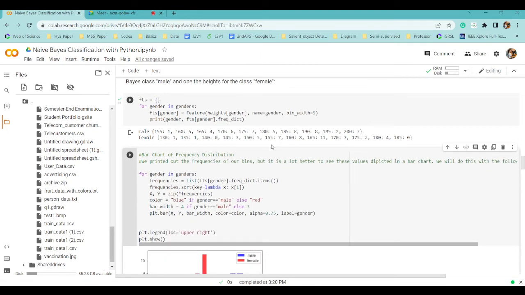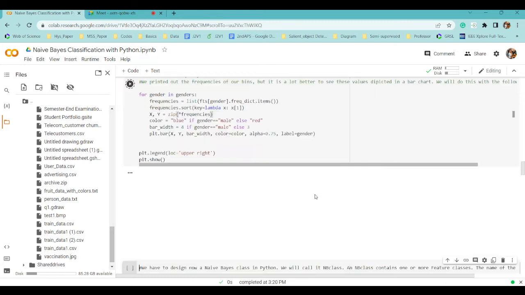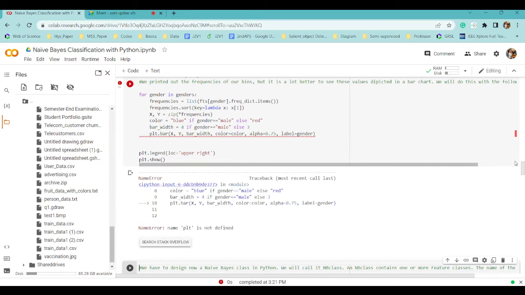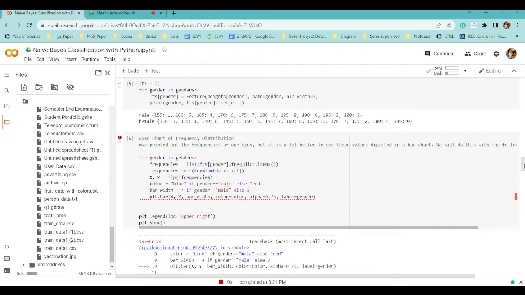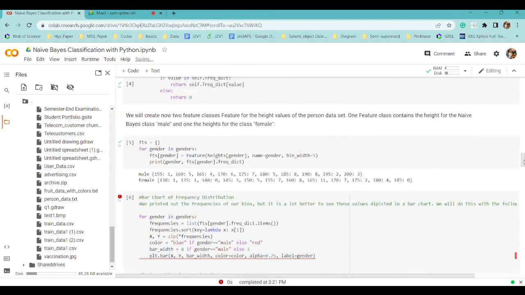Now again the same thing. This is what it is in terms of numbers. We want to represent it in terms of a bar chart, right? So we are plotting a bar chart as well. So just to plot the bar chart for the same, I got some error. Why is plot bar not defined? Let me just check.